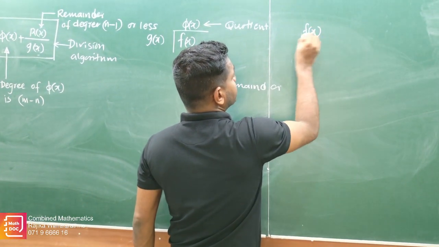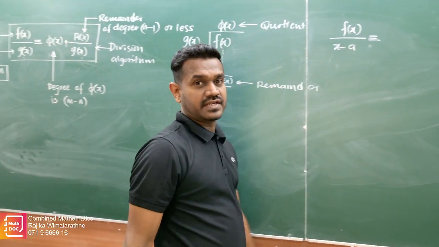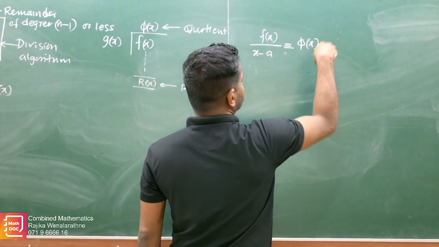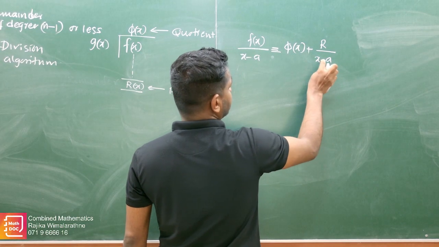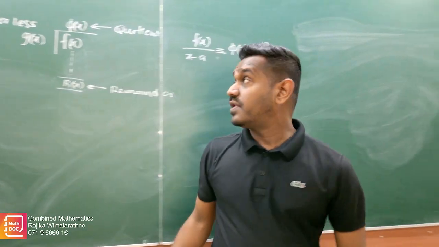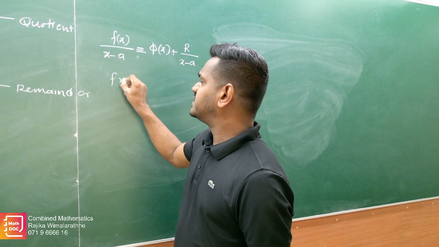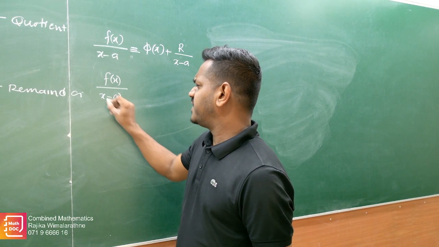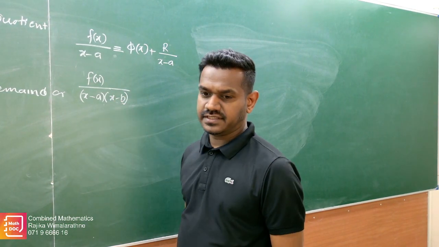Consider f(x) divided by the factor x minus a. Then there will be a quotient and the remainder will be r. Our remainder relation will be a constant. Then f(x) divided by (x minus a)(x minus b) is a quadratic relation.